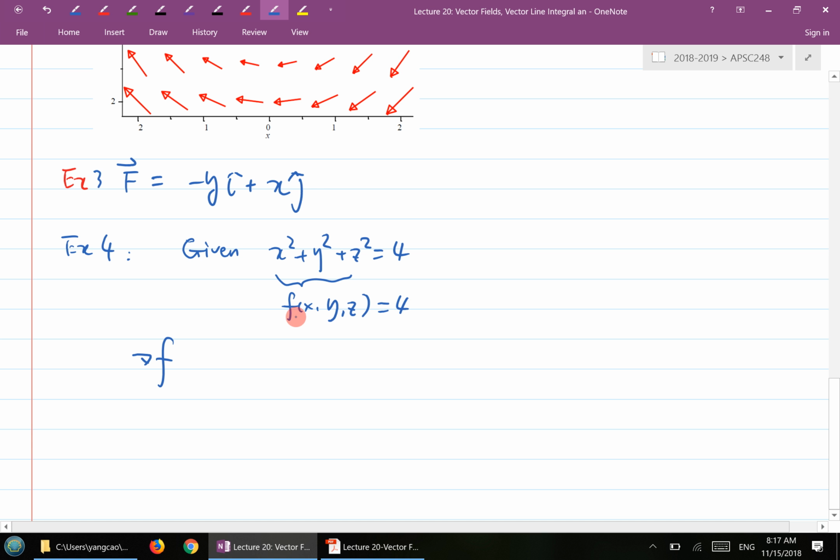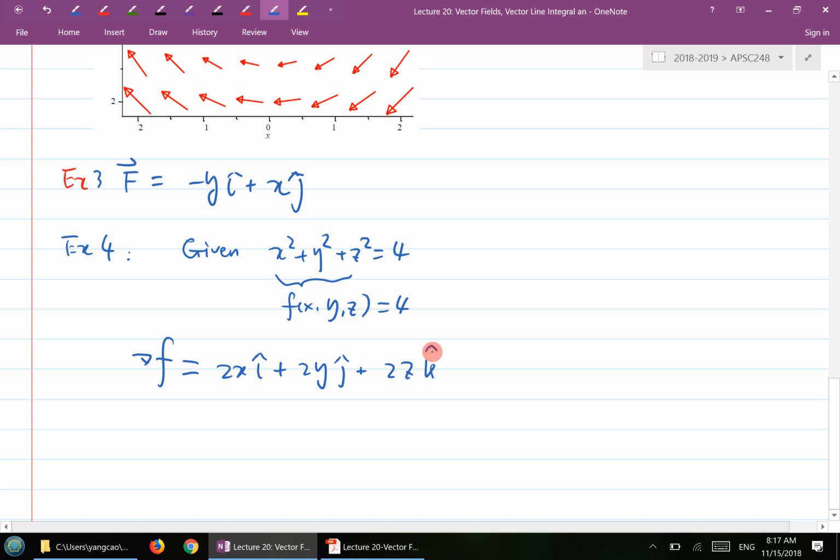And then you can calculate the gradient del f. So you basically get a gradient for the function f here, and the meaning of the gradient, as we repeated saying, is that it gives you a direction pointing to the greatest increase for the function f. Just repeating here, and then you calculate del f right here. That's pretty simple: 2x i hat, 2y j hat, and 2z k hat.